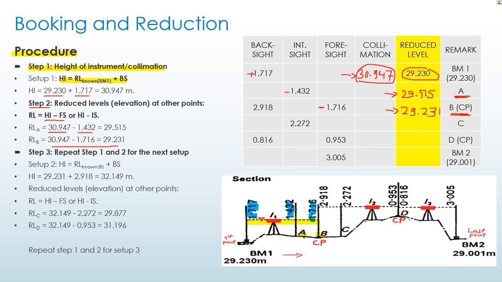So again, you are going to calculate the height of instrument for setup number 2. So this level. And the height of instrument here equals the reduced level of point B, and you add the backside reading at point B. So now it's this value.